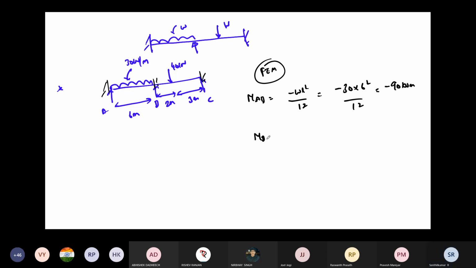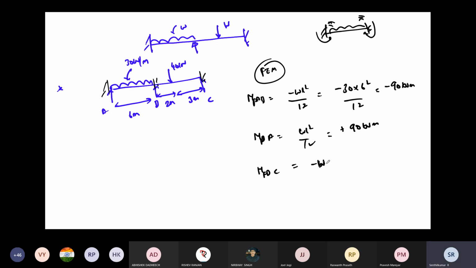So like that, MBA is WL square by 12, because the fixed end moment will be due to fixity, both will try to hog, anti-clockwise. This is clockwise, right? Here plus 90 kilonewton meter. Then MFBC, because these are fixed end moments, is minus W A B square by L square, so minus 40 times 3 square by L square, which is equal to minus 28.8 kilonewton meter.